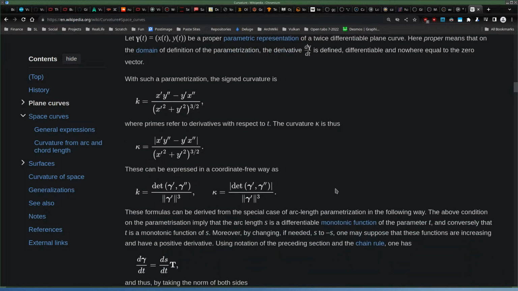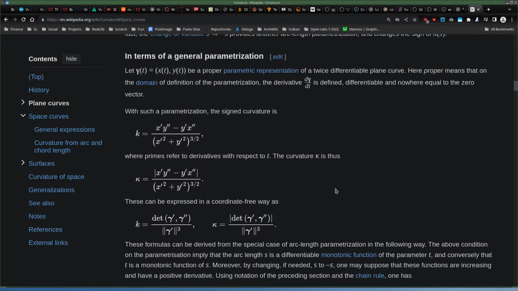Maybe this is more interesting. General parametrization. Let gamma of t be (x(t), y(t)) be a proper parametric representation of a twice differentiable plane curve.